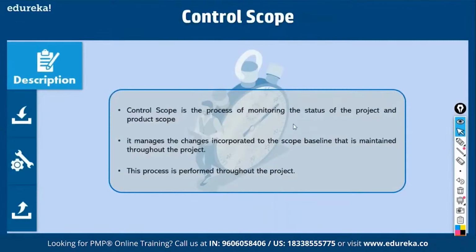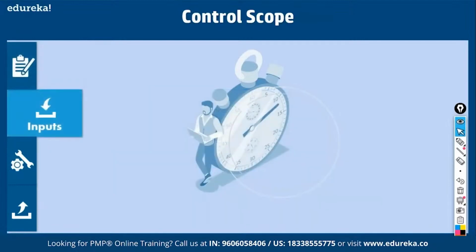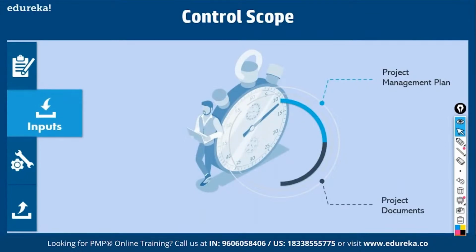This is a process of monitoring the status of the project and product scope. In other words, how much have we delivered? That's all, right? What are the inputs? Project management plan. Within that, the scope management plan. Project documents. What are project documents? Requirement documentation. For example, in the month of March, we are doing variance analysis. We should deliver work packages. How much have we delivered?